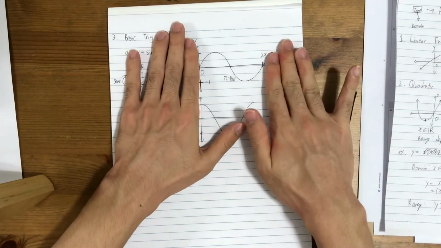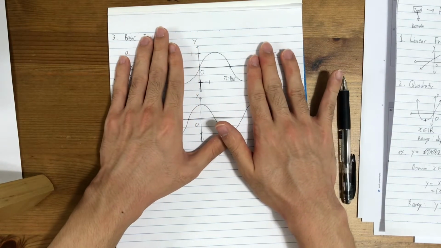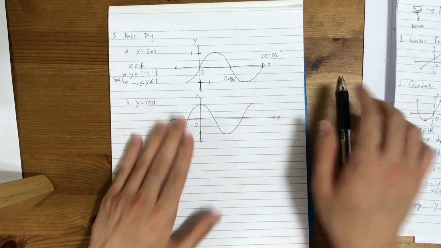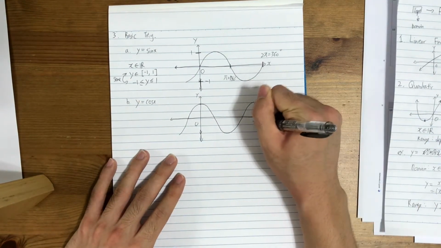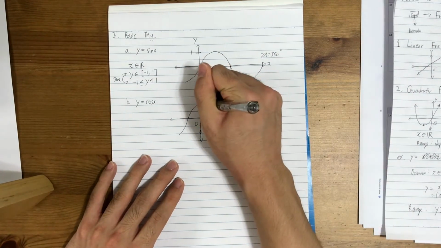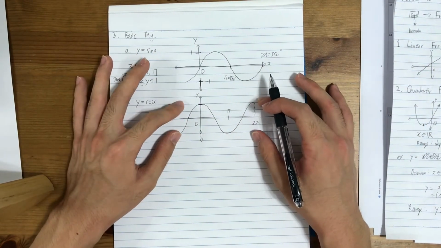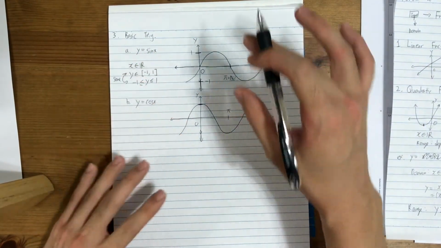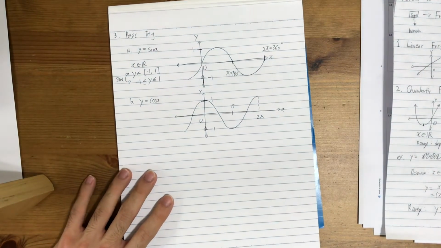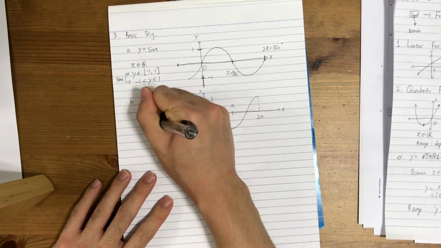As you can see from sine, if we shift everything to the left by 90 degrees, then we'll have cosine. That's how it looks. That's where 2 pi is, and that's where pi is. Again, the cosine graph is just shifted from the sine graph, so it's still 1 to negative 1. So the domain and range are the same.